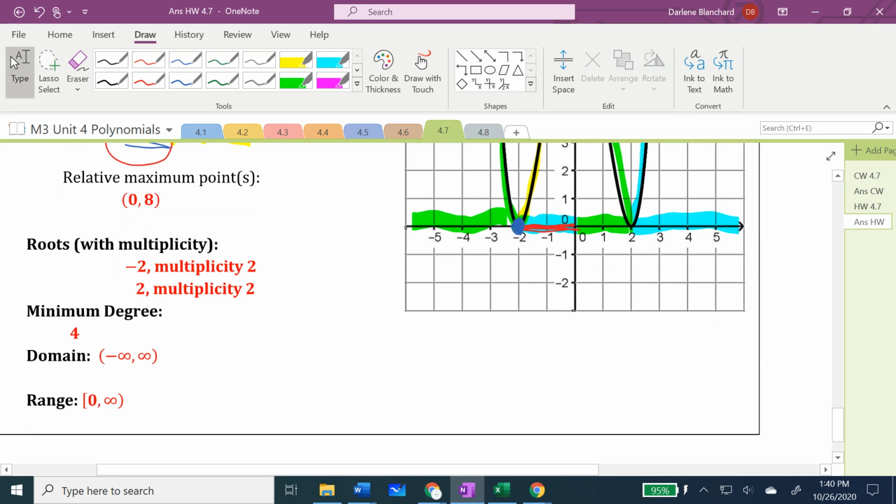And with polynomials, one thing that I don't think I've said fully: polynomials always have a domain of all real numbers, negative infinity to positive infinity every single time. Even degree polynomials have a limited range, but determining that range is not something I'm going to be asking of you in this class. This one was something you could look at the picture and figure out what the range was, but I'm not going to have you worrying about range on the test. I just want you to be aware that an even degree polynomial will have a limited range.